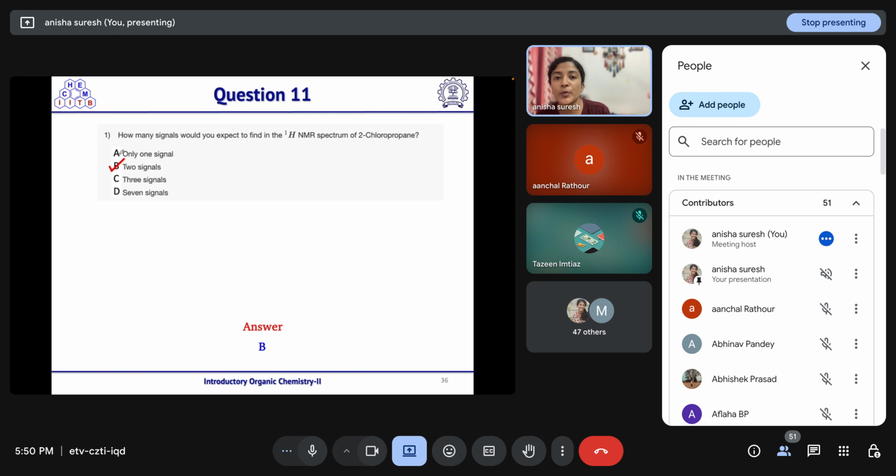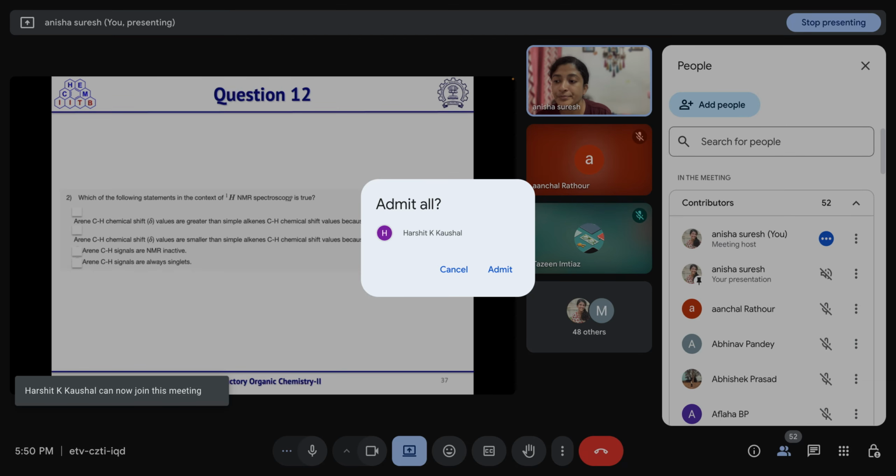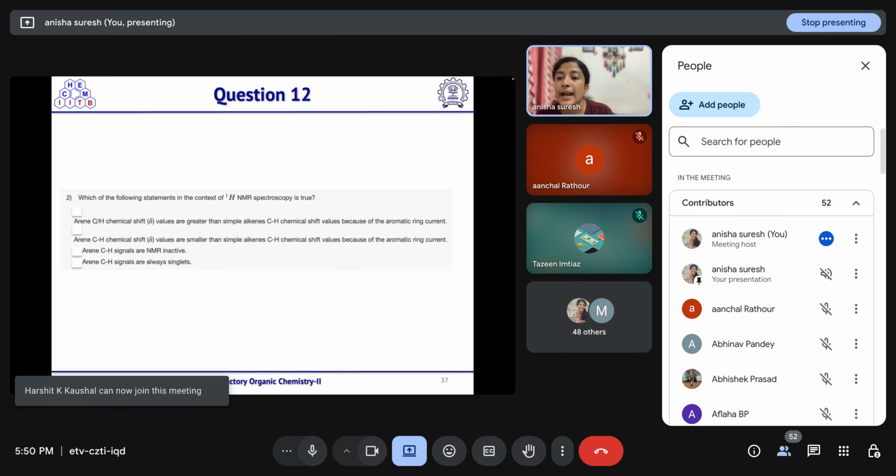So now moving to question number 12. Which of the following statements in the context of proton NMR spectroscopy is true? Arene CH chemical shift values are greater than simple alkene CH chemical shift values because of the aromatic ring current.